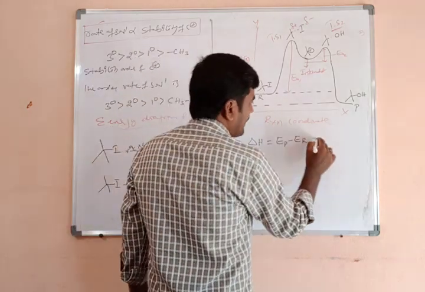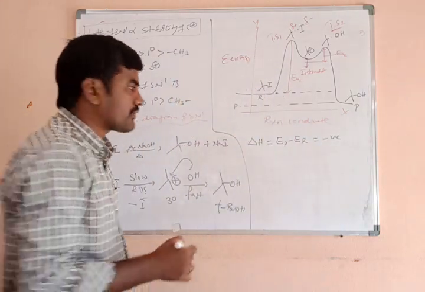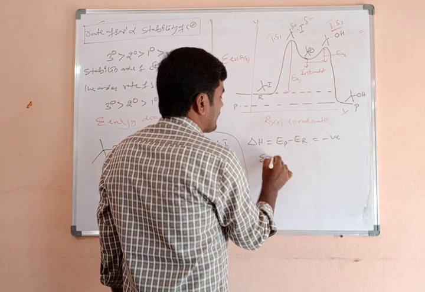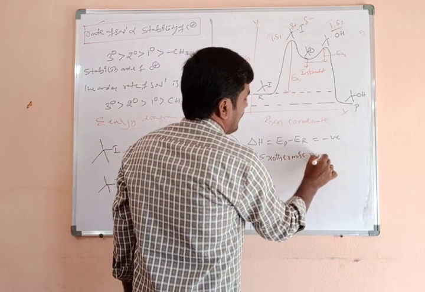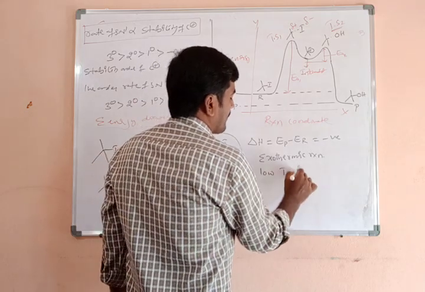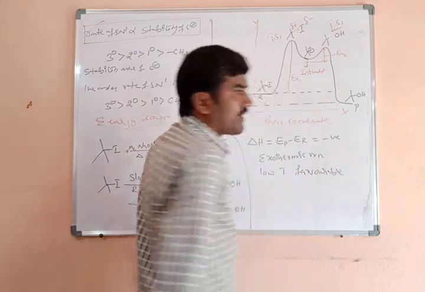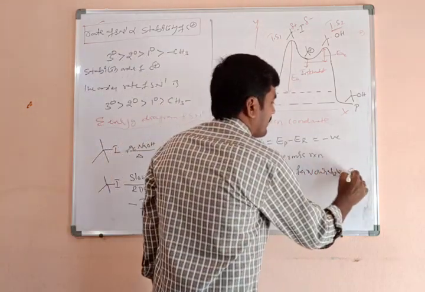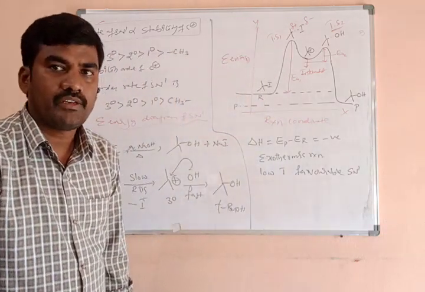Now you will get a negative value, so delta H is negative. Delta H negative means the reaction is exothermic. For an exothermic reaction, low temperatures are favorable. Low temperature is favorable to the SN1 reaction.